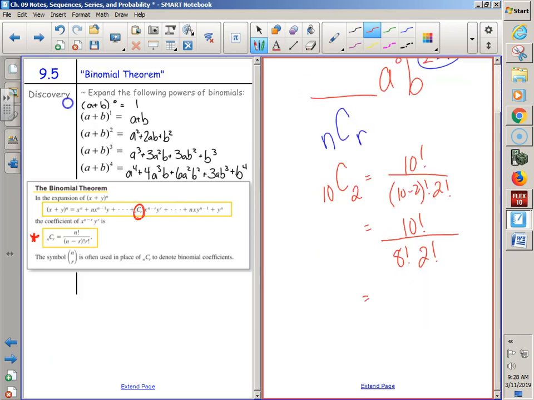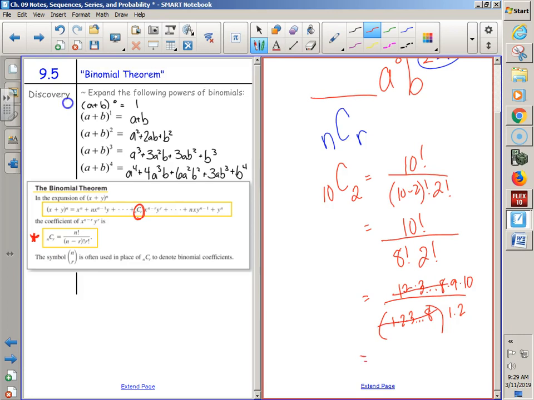Hold on. If I have 1 through 8 down here, 1 through 2, and 1 through 10 up here, wouldn't that go to 8 and then go to 9 and then go to 10? And then I have my 1 and 2. Don't all the 8s just go away? Yeah. Don't I just have 90 over 2?